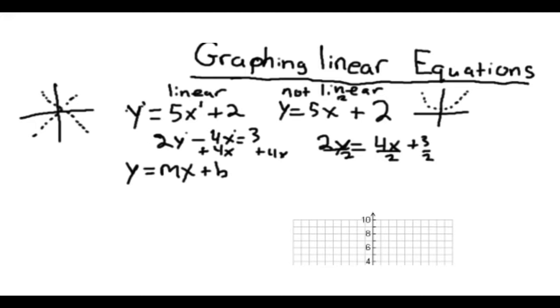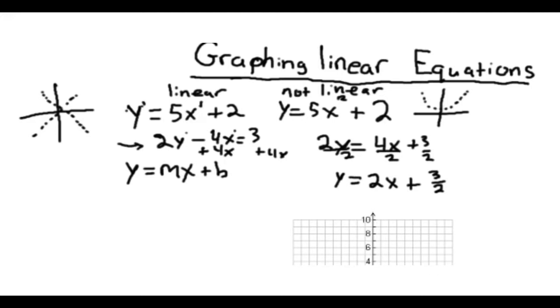So 2y divided by 2 is just y. 4 over 2 becomes 2, because 4 divided by 2 is 2. And 3 divided by 2 is 1.5, or I could just leave it like that. So even though it's not in y equals mx plus b form, this function right here is still a linear equation.